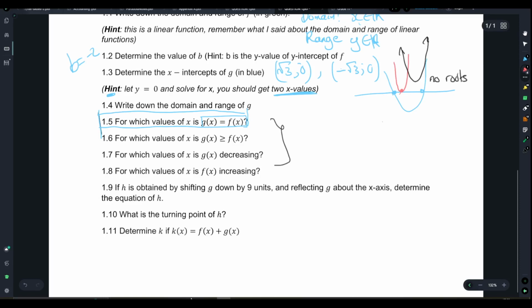I'm going to rearrange: 3x squared plus 3x, and then 9 minus 2. You see the mistake that I did: it was a minus here, so it will also be minus here. Let's continue.